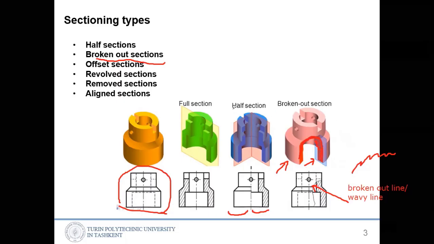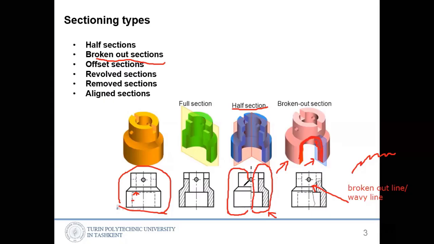Another thing: when you have a half section, when you show inner features like this, on the other side we show outer features. So here every hidden feature, the hidden lines, disappear, because we don't need to show them since we already show them on the section side. On this side we show inner components, inner edges.